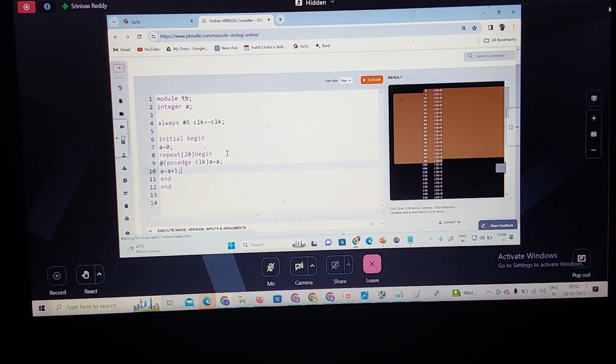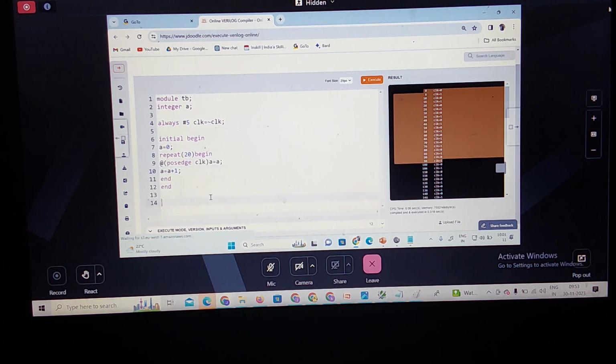Now the event is at posedge of the clock, and I am assigning A is equal to A. And after 20 cycles, what happens? This statement A is equal to A plus 1 is delayed. And A is equal to A plus 1 for the next 20 positive cycles, again next 20 positive cycles, again A is equal to A plus 1.